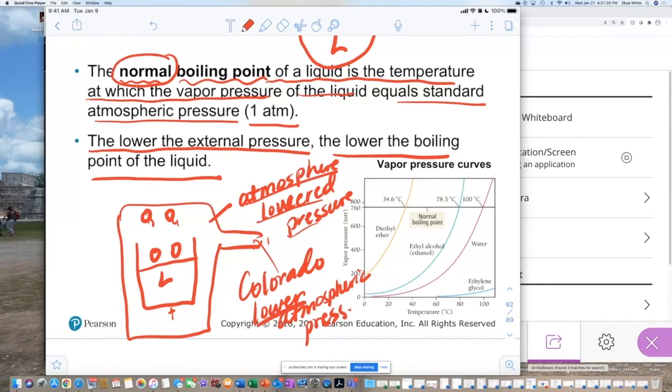That just means the standard that the vapor phase has to reach is lower. So I propose that if you're trying to boil water in Colorado versus boiling water in Texas, or somewhere a lot lower than sea level, maybe Nevada, I think it's Nevada, where the pressure is higher, it would take less energy to boil water in Colorado.